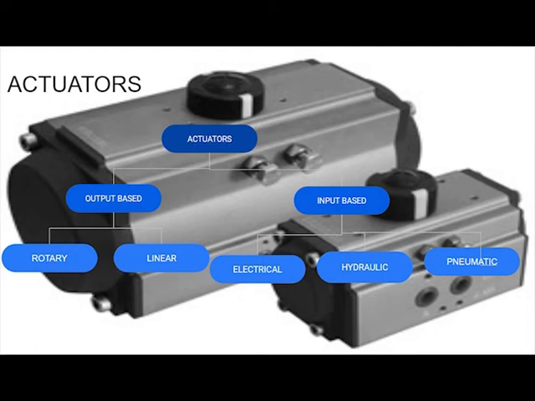Coming to the input-based classification, the typical sources of energy in actuators are electrical, hydraulic, and pneumatic. The electrical motors use electrical energy for their movement. It's broadly used among all types of actuators.